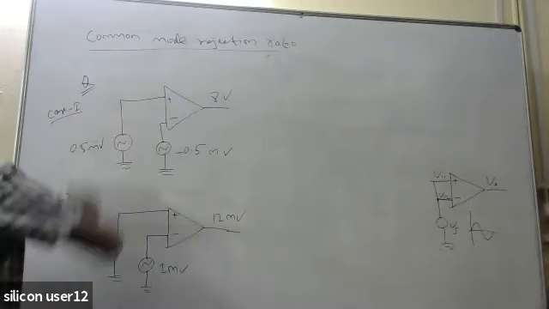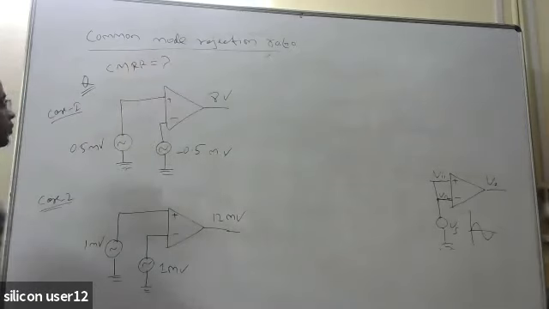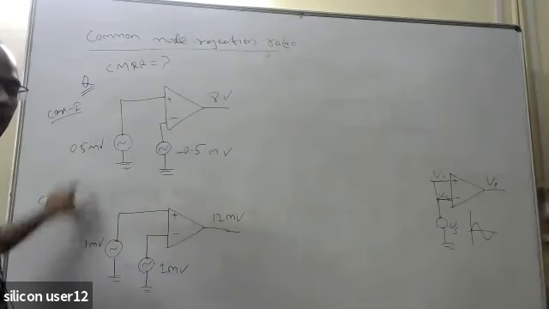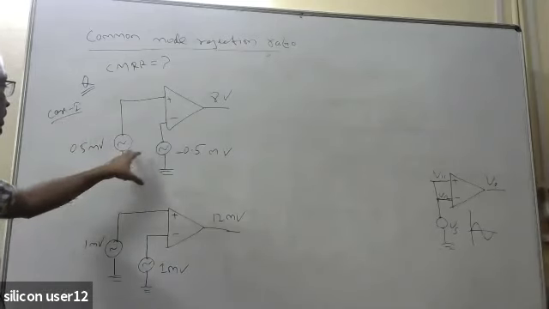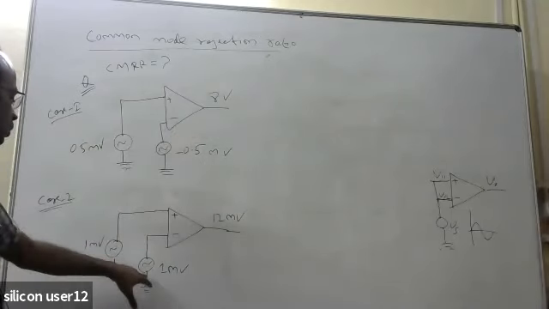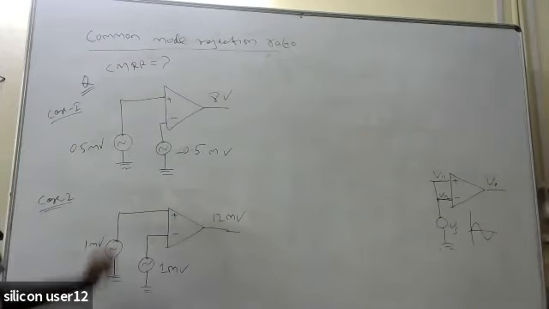So find the CMRR. In one question, case 1 and case 2 both are given. If you give this set of signals you get 8 volt, and if you give 1 millivolt and 1 millivolt, then you get 12 millivolt. So find out the CMRR.